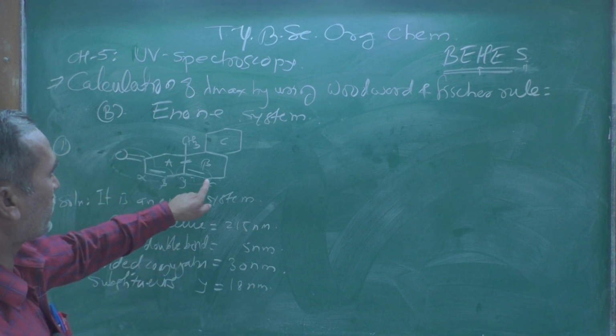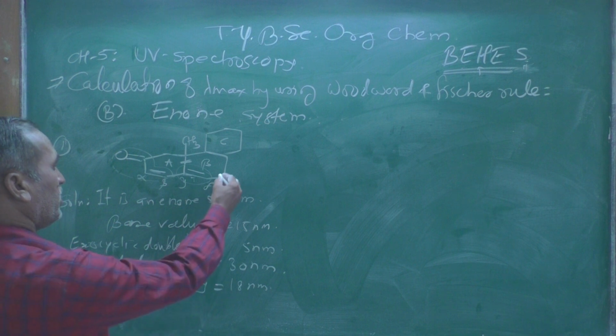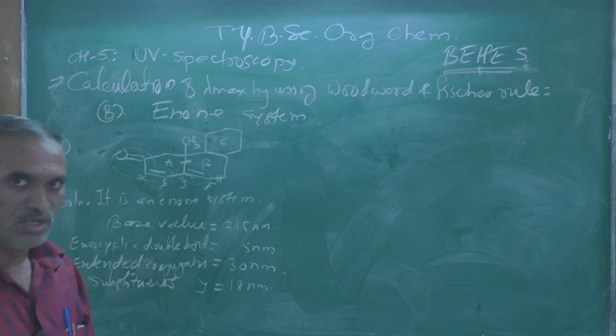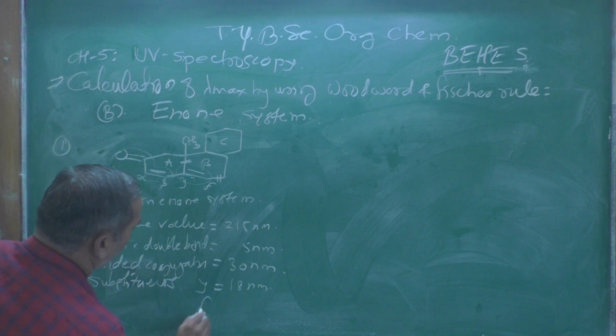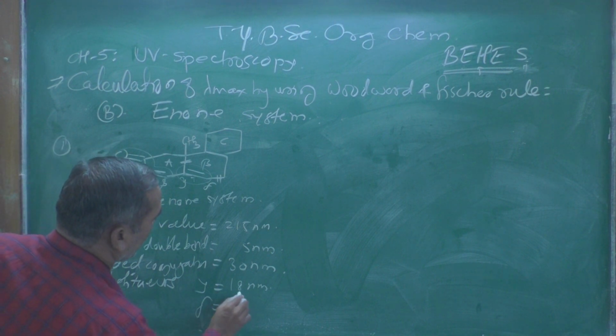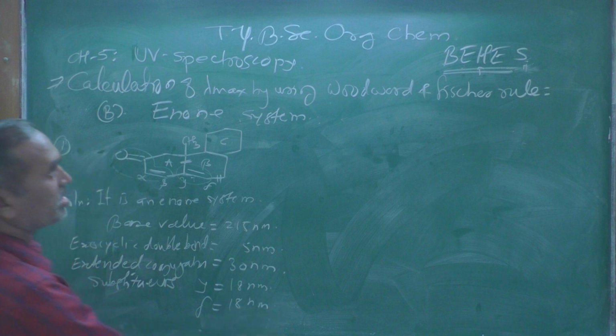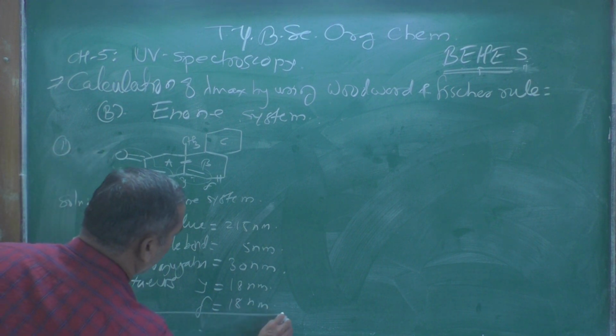Now look at the delta position, the terminal one. There is also one substituent. So for delta, how much to add? You add 18 nanometer, that's it, and then mark it like this.